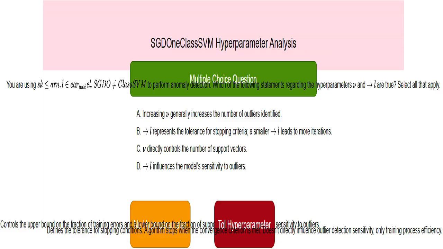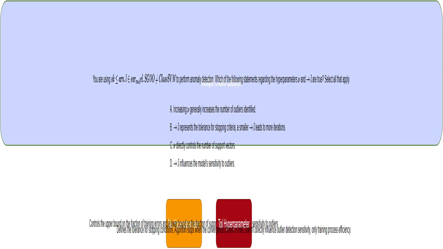I'm analyzing the hyperparameters NU and TOL, used in the SGDOneClassSVM, stochastic gradient descent one-class support vector machine, algorithm for anomaly detection. This is a machine learning technique to identify unusual data points. I'm tackling a multiple-choice quiz about these hyperparameters.